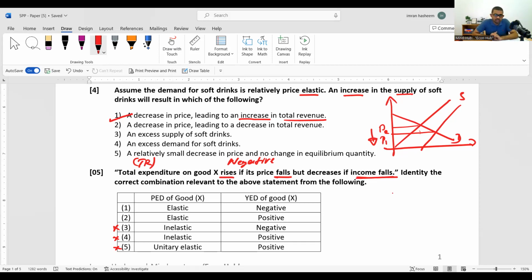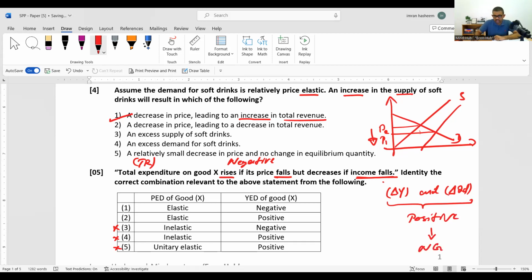So what does that mean? What kind of product are we talking about? What is the income demand relationship? If the income and demand relationship is positive, that is what we see here. Positive, so the product is definitely a normal good.